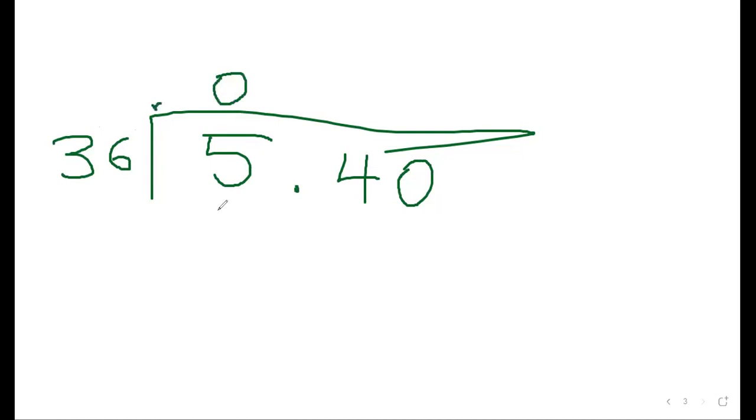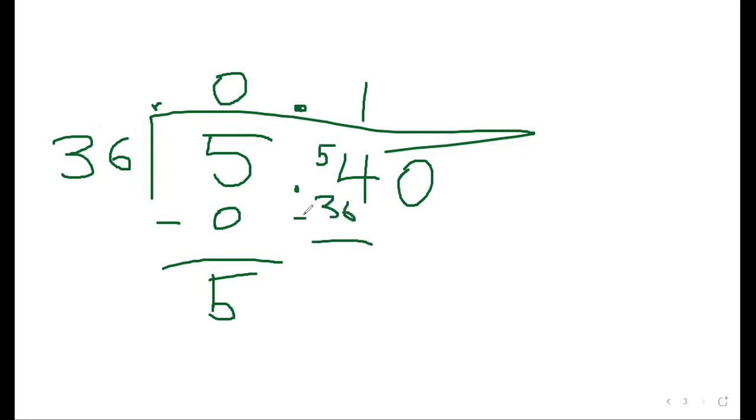Again, 54, of course, this will be 1. And let's put the decimal here. And this is 36. You subtract. So this will be 4, and 14 is 8. And 1. So this is 18. Let's put the 18 here.